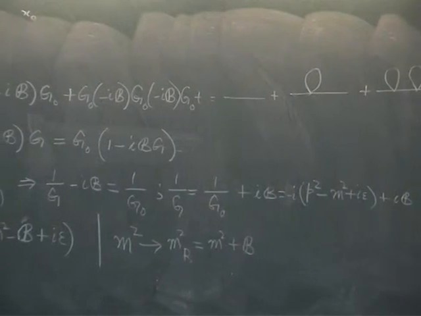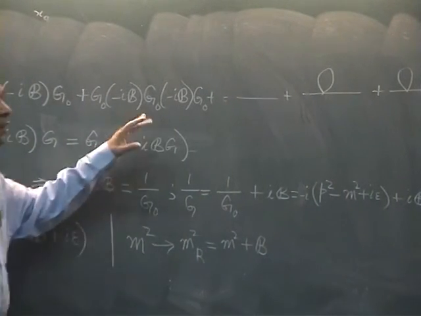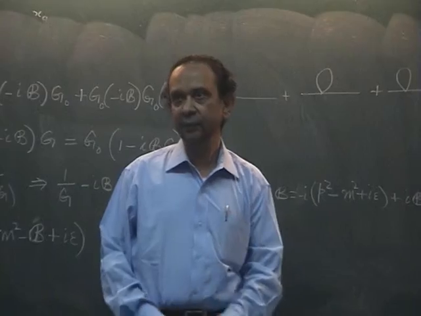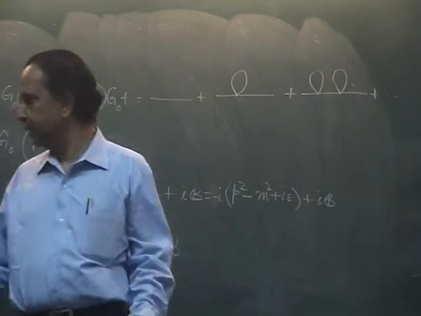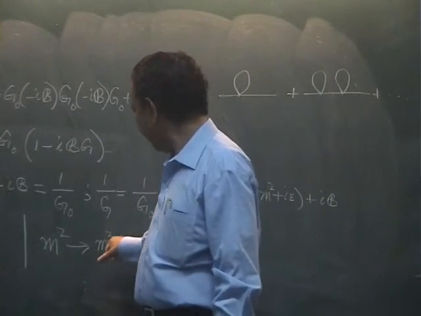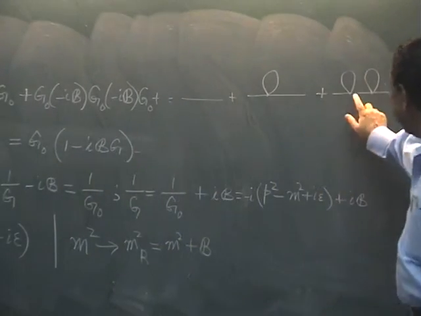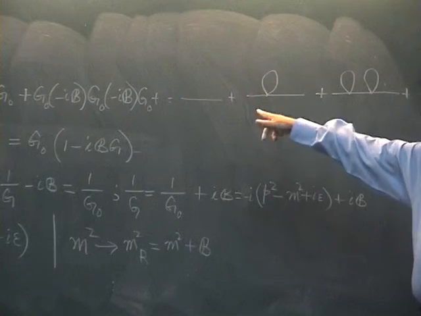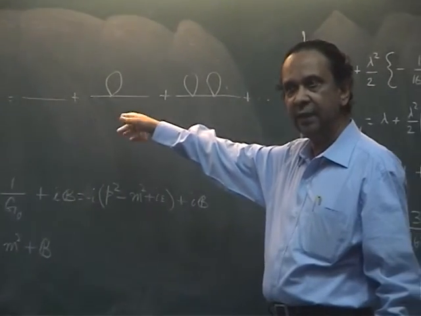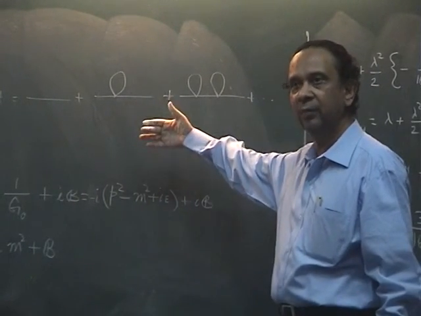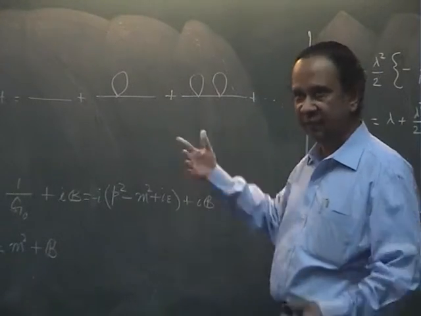So the net effect of all these infinite number of tadpole diagrams is to just shift your mass from the original m squared by B. Of course, B is the amplitude for this process, which is an integral over d4p of 1 upon p squared minus m squared plus i epsilon, which is divergent.